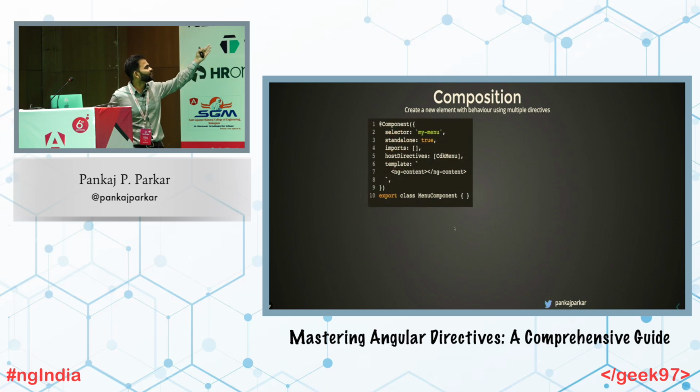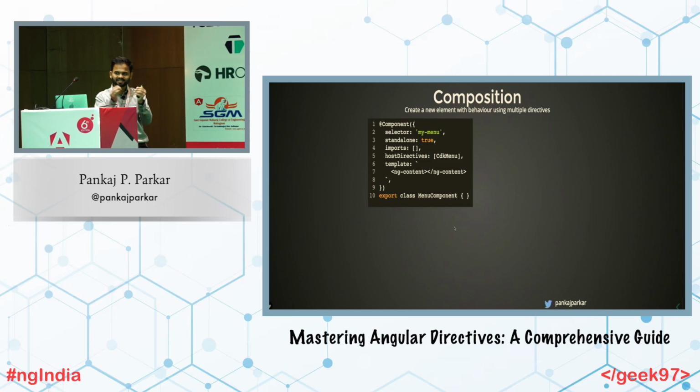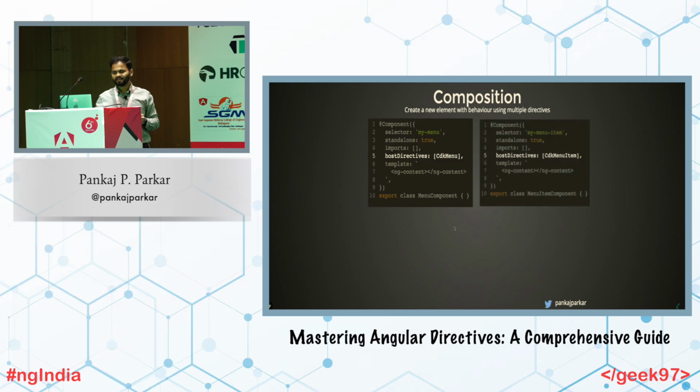Suppose I created a component called my menu, a very simple menu component. It has a template with ng-content, which means it projects the content. There will be one more component called my menu item, for the option. Again, it has the same thing, template ng-content. What is the special thing you see here?